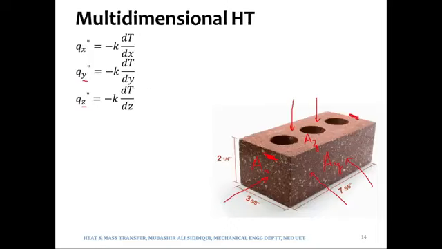So over here, depending upon the variation in temperature in x direction, the heat will flow. Means it will depend what temperature is at this face and what temperature is at the other face.